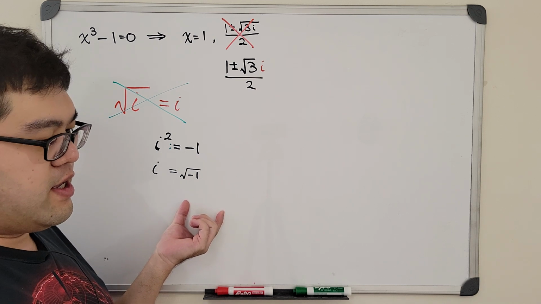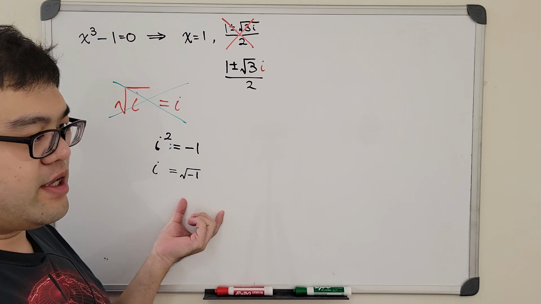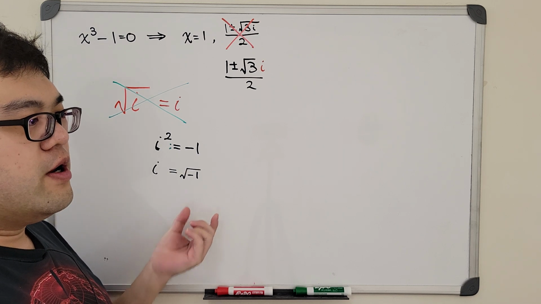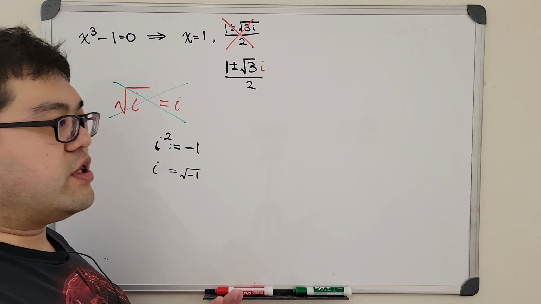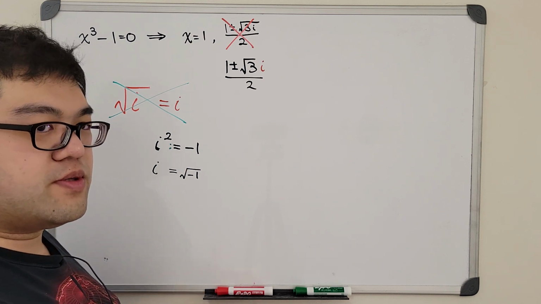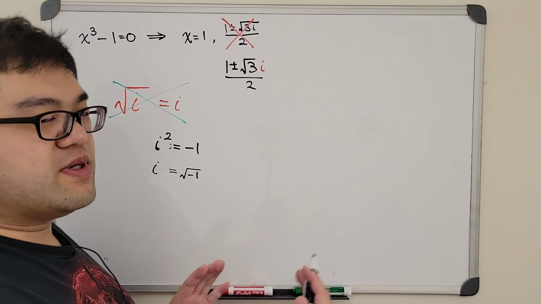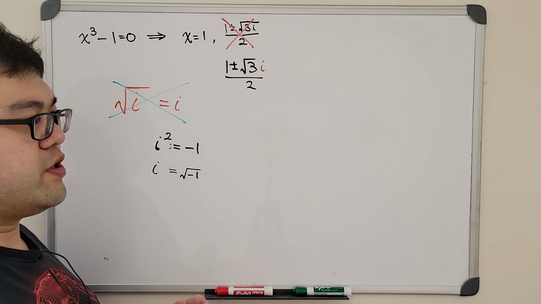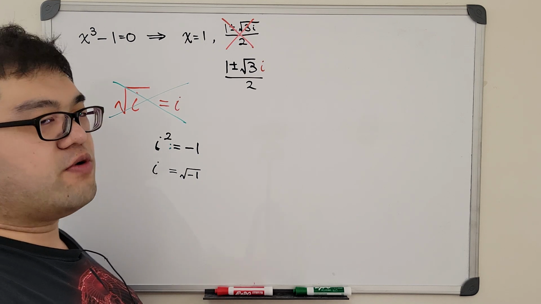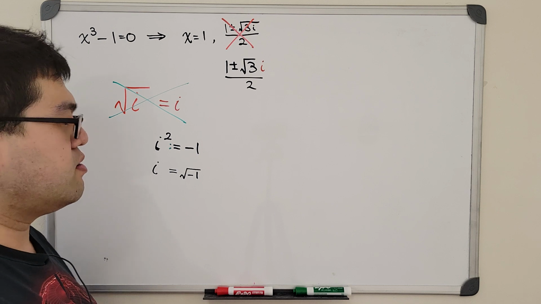That's pretty much saying that among all of the values, we need to choose a so-called principal value, or one specific value, as the main value that we usually would represent.